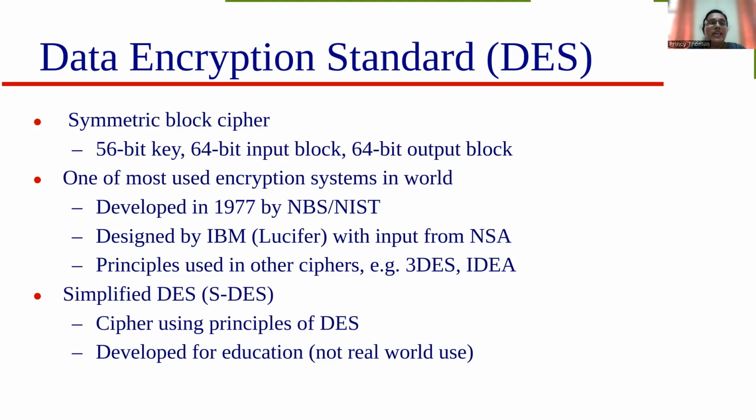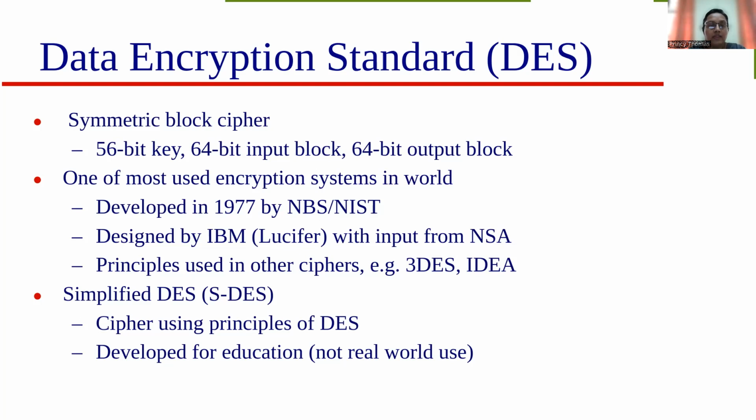In the DES algorithm, we have a symmetric block cipher. So the same key is going to be used for both the encryption and the decryption. The key size is 56 bits, and the input and the output, the block size, is 64 bits each.